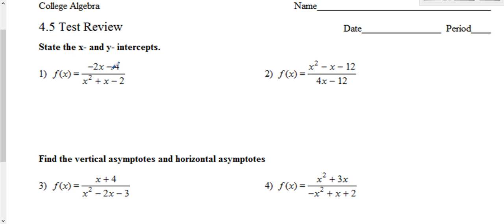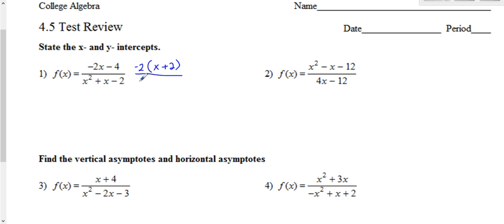For the numerator, we do have a -2 that can be factored out, so I will write -2 and then factor that out. I get x plus 2 because -4 divided by -2 is +2. And for the denominator, I can use product sum rule, diamond method, or quad 3 on the calculator.